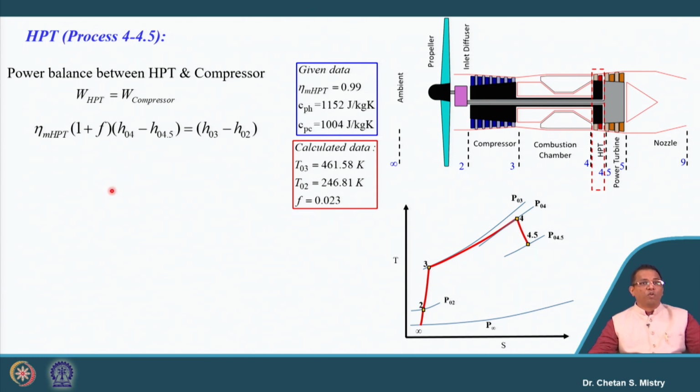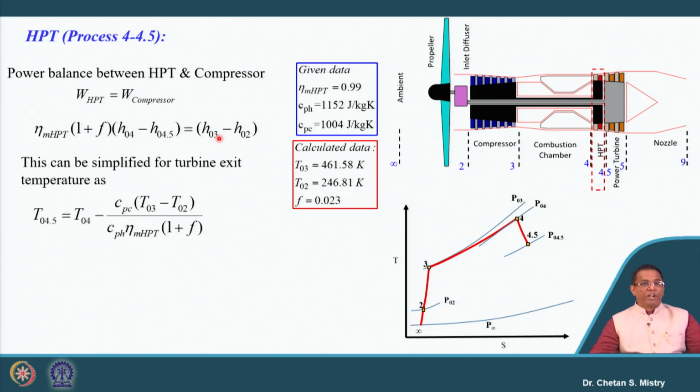The work by the HP turbine is given by m dot infinity into (1 plus F) into (H04 minus H04.5). Here H04.5 represents the exit condition from the HP turbine, and that is equal to m dot core into (H03 minus H02).